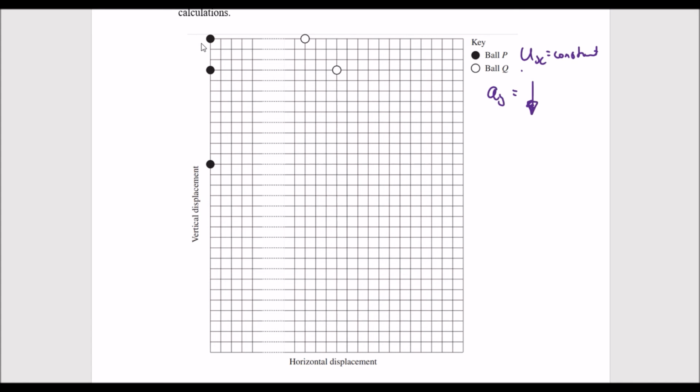So you can see after a 1 second time lapse, they essentially drop the same number of blocks, okay? If I want to demonstrate where ball Q would be, it'll be somewhere along this vertical line here.